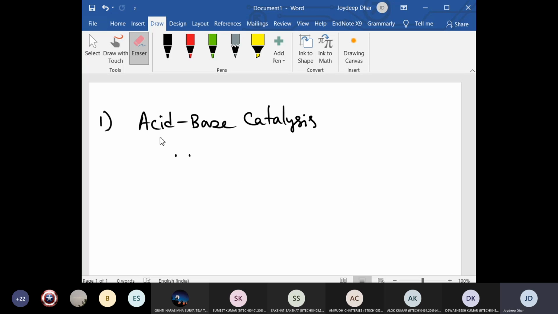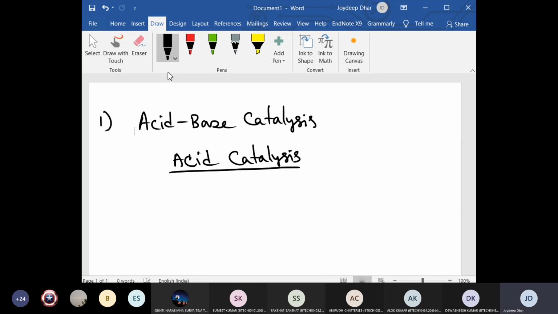There are two different types of mechanism, as you can see from the PDF, for acid catalysis. I can show acid or base both, but first the acid catalysis mechanism.